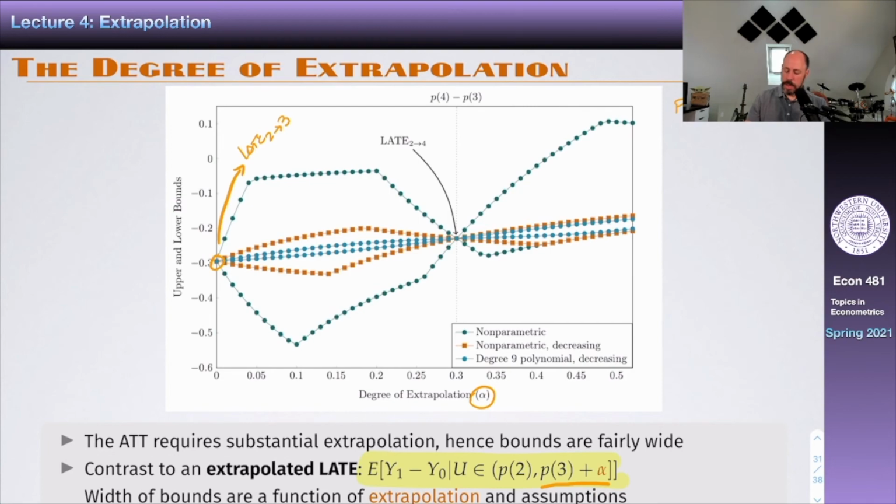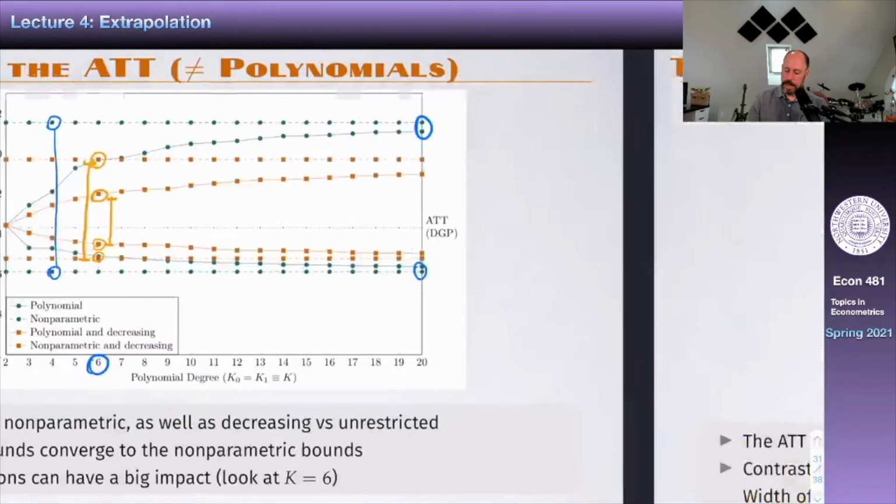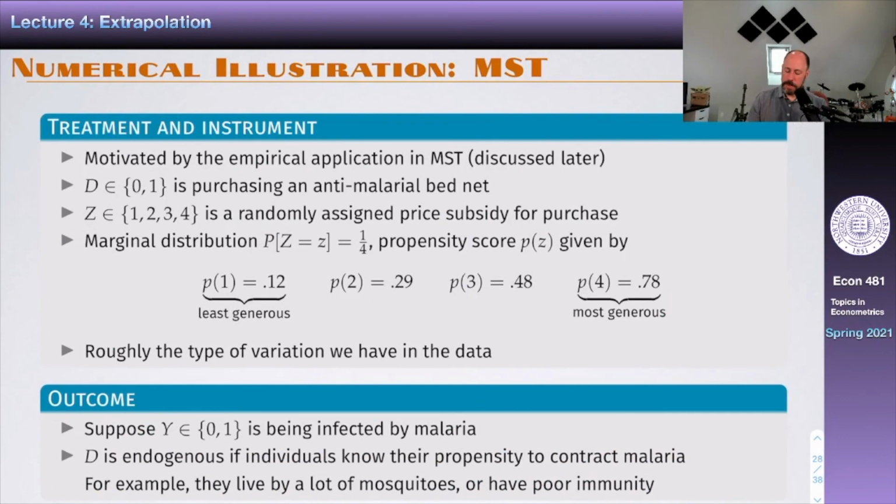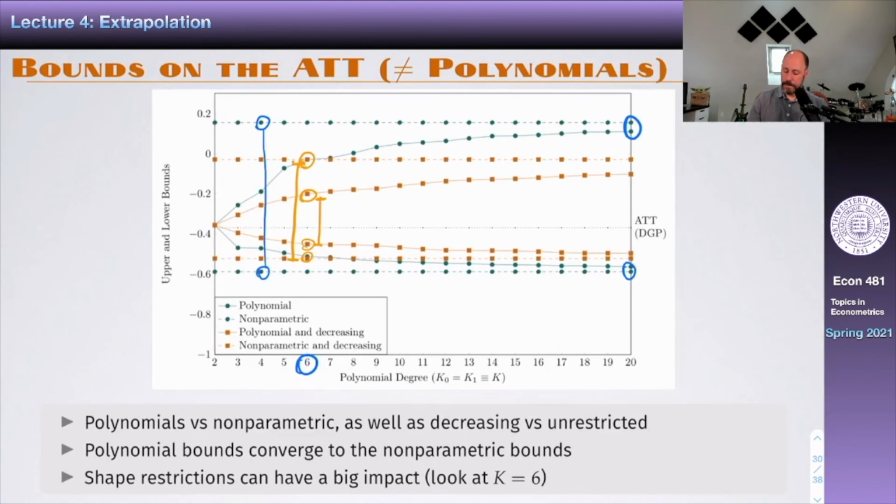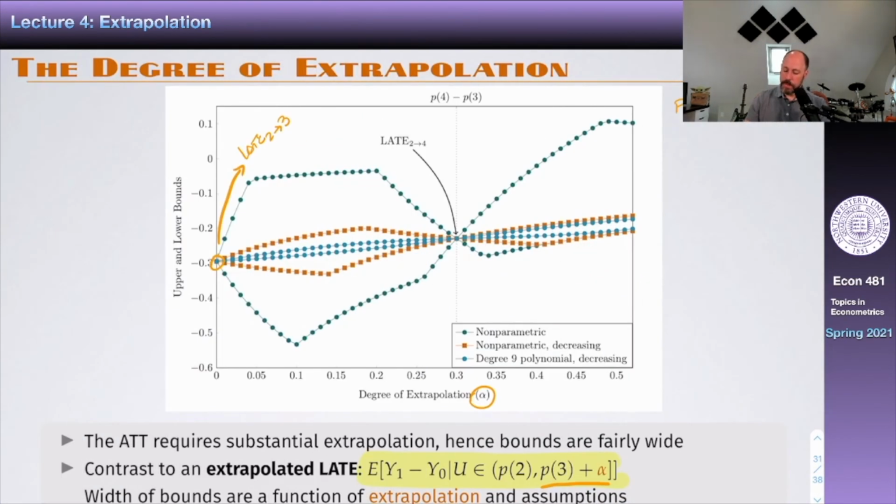And let me pull this back a little bit. Notice that here we have 48 and 78. Okay, so P3 is 0.48.